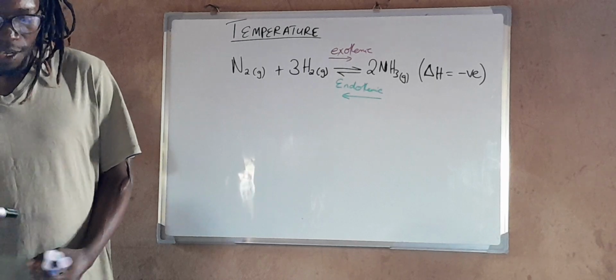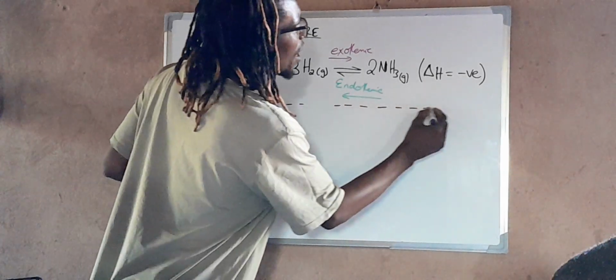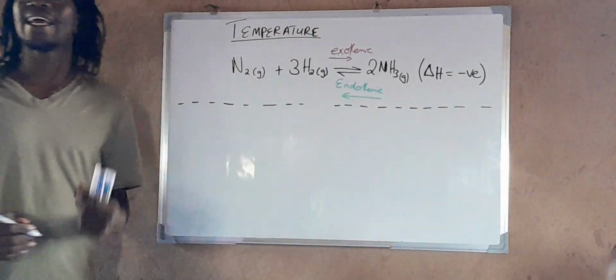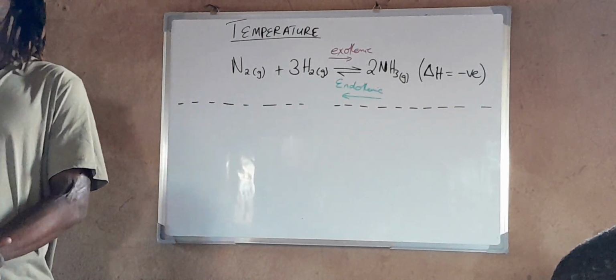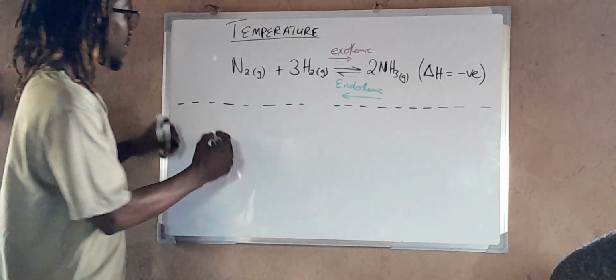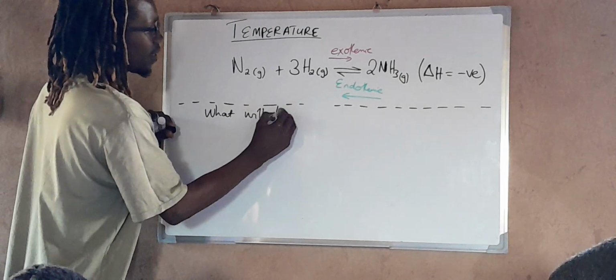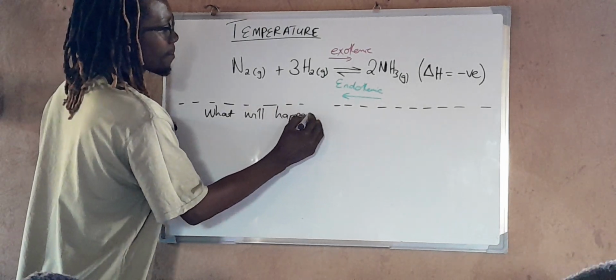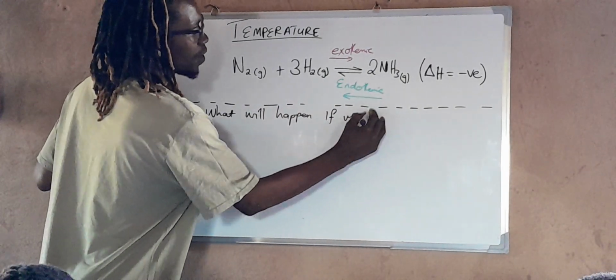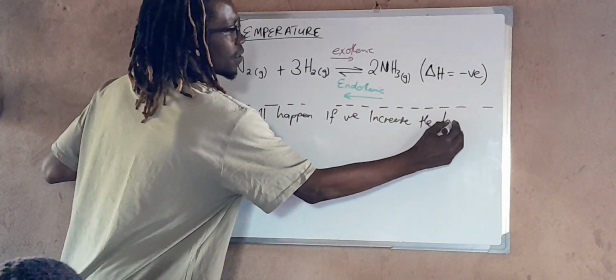right? So a question comes and says, explain what will happen if we increase the energy in the system, right? So first let's talk about what will happen if we increase the energy. What will happen if we increase the temperature?